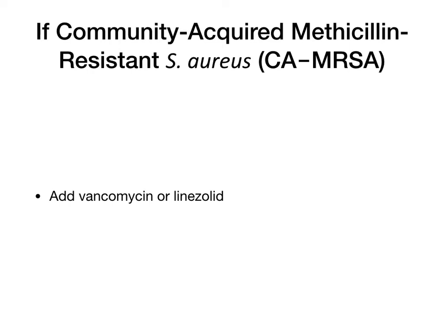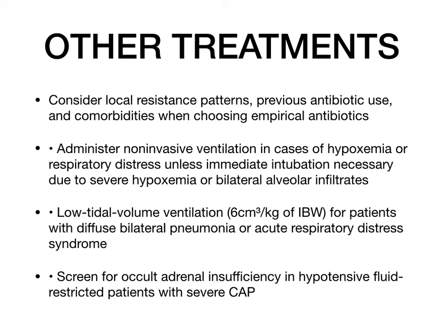If you are suspecting community-acquired methicillin-resistant Staph aureus, you need to add vancomycin or linezolid. In addition, these patients need treatment considerations such as local resistance patterns of antibiotics, previous antibiotic use, and comorbidities when choosing empirical antibiotics.